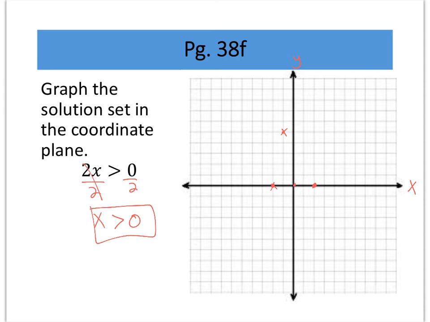So anything greater than 0, so not including the y-axis, any number bigger than 0 over on this side of the graph, anything over on this side of the graph, above or below, the x value is bigger than 0. Because the coordinates of all of these points are greater than 0.